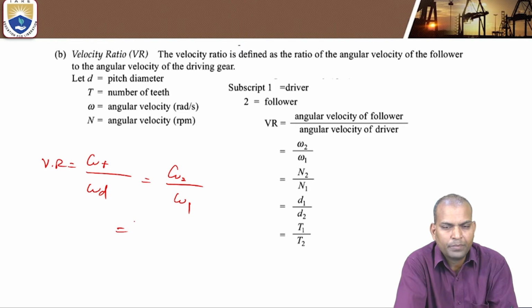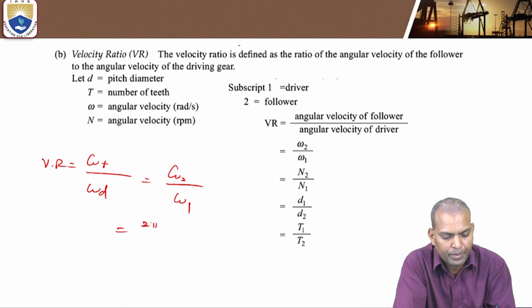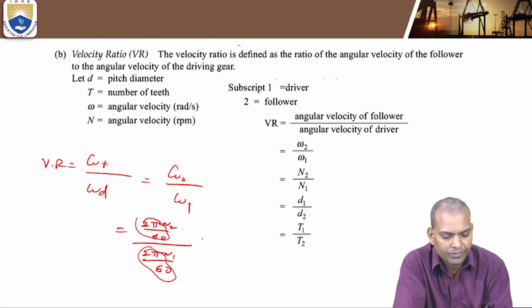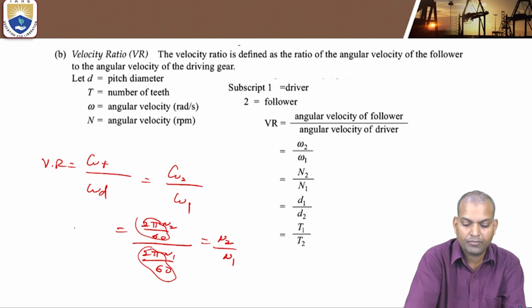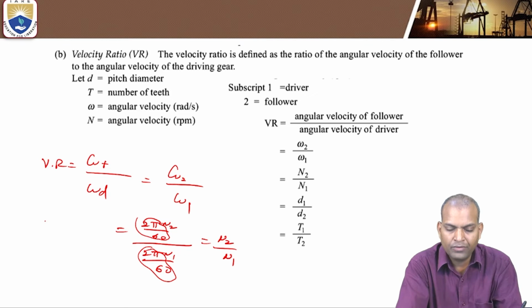Substituting omega 2 as 2 pi n2 by 16, and omega 1 as 2 pi n1 by 16, after cancelling the common terms, we get n2 by n1.